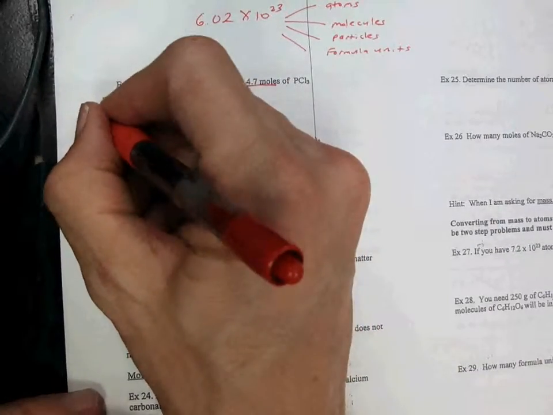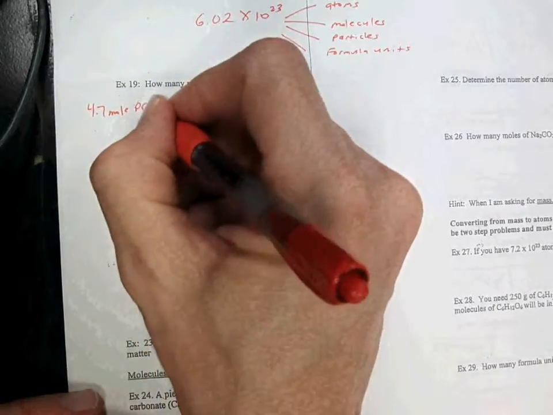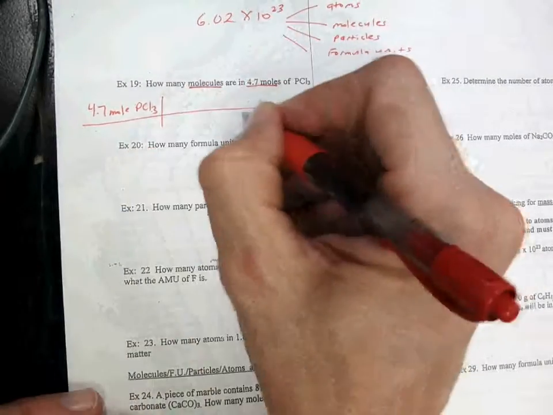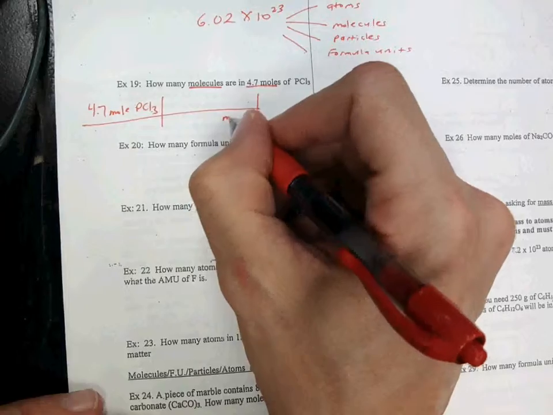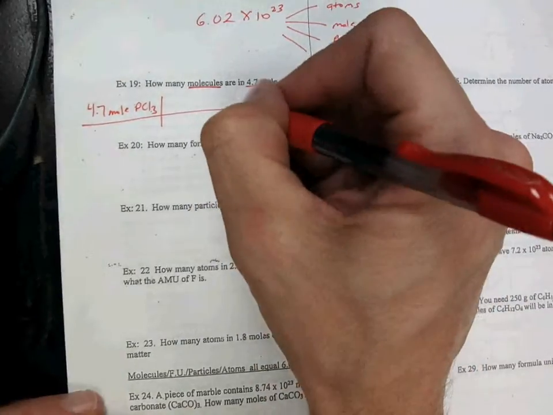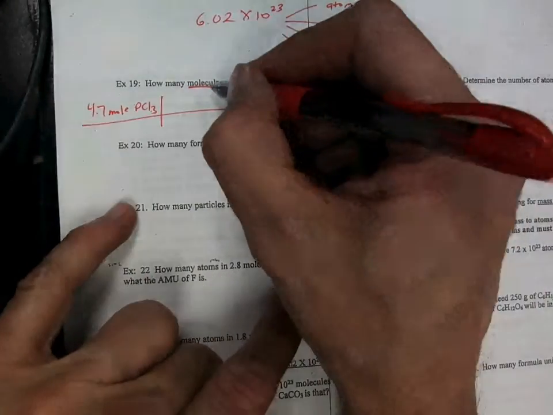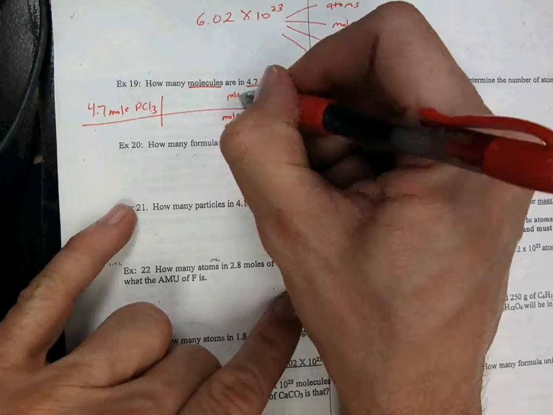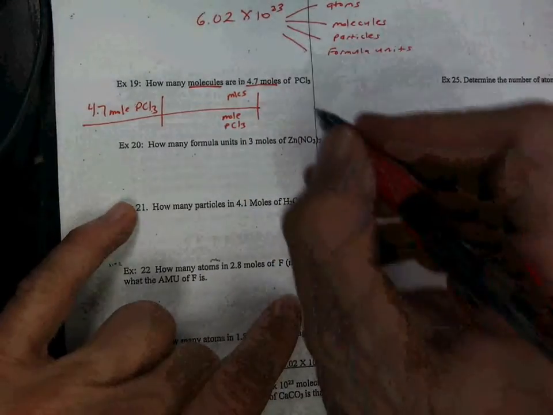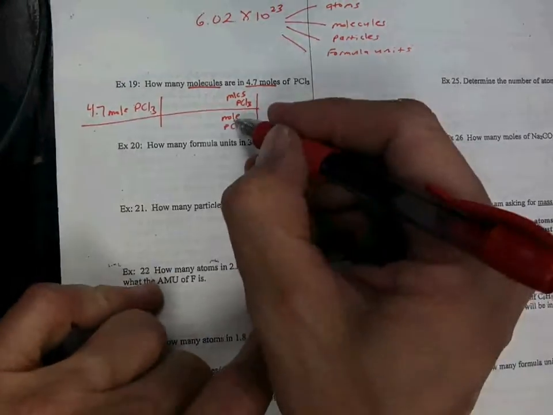So watch how I work this problem. I have 4.7 moles of PCl3. Well, I'm going to bring down mole of PCl3, and then instead of doing grams at the top, which I could do, but that wouldn't really help me, I'm going to go ahead and write molecules. And the abbreviation is MLCS, molecules of PCl3.